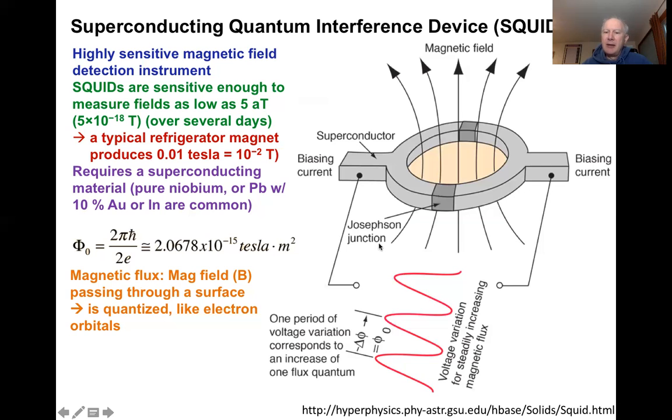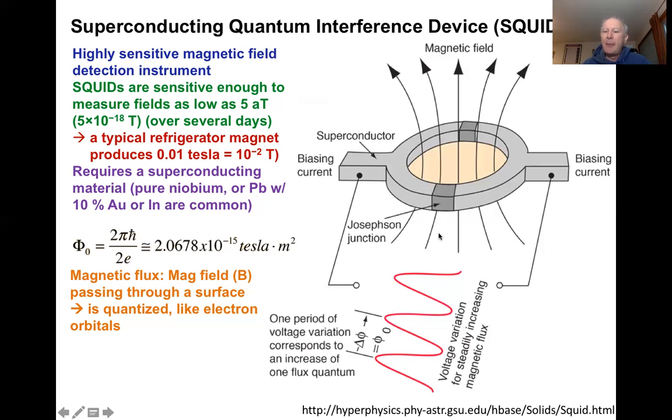So maybe nanometers thin, so that the electric field can actually reach across here. And then you put a little biasing current, you put a little tiny voltage across this. And it's small enough that electrons can't jump across this gap because there's an insulator there.